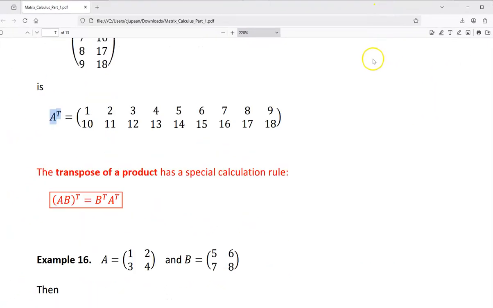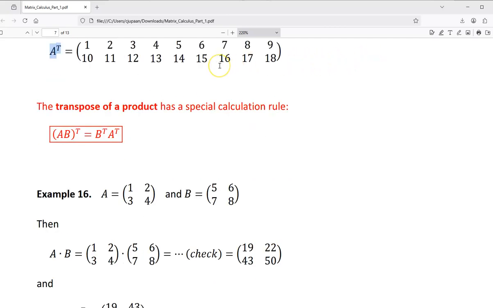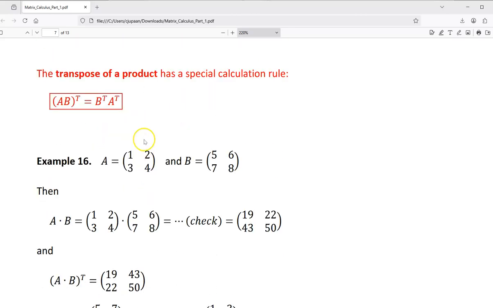And then we have one special calculation rule which holds for the transpose of a product. I have an example below here, so we can check that this rule actually holds.